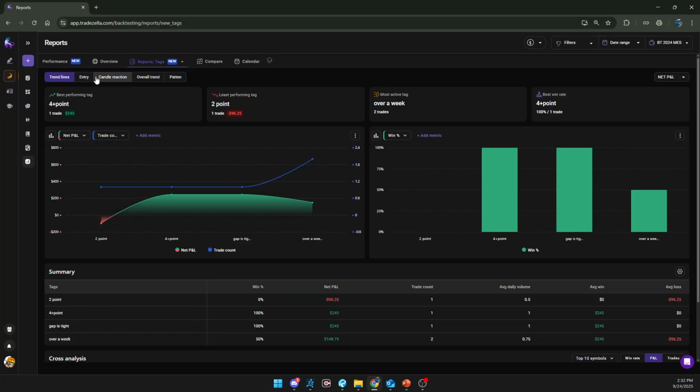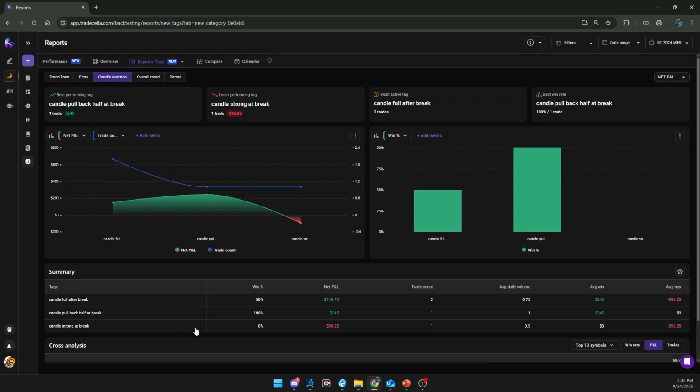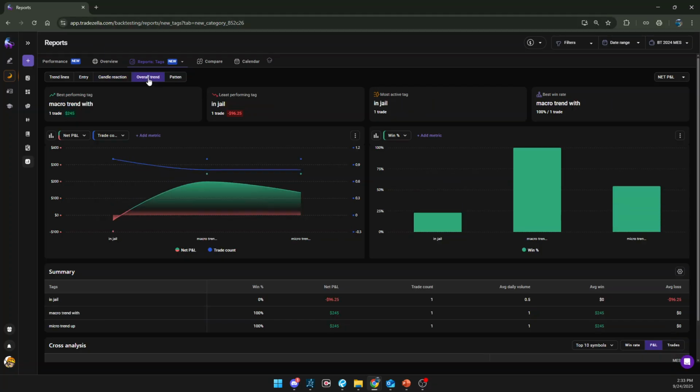Here's all my tags, and I can go right down this list and see how they're doing. Candle full after break. Had 2 of those, 50%. We had candle pullback half at break. So we had that happen, but it turned out to be a winner. So this is where you're going to start figuring out what's working.